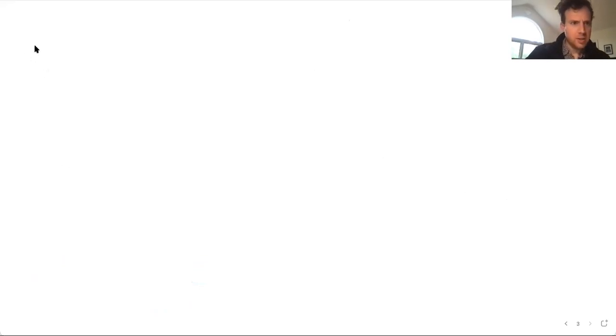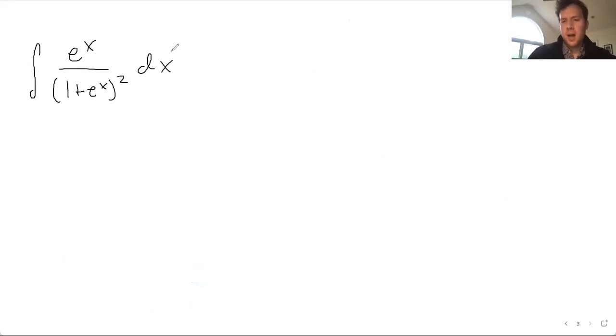Putting this example back up, what is the U that some people chose to start their U substitution? Okay, 1 plus e to the x, right.